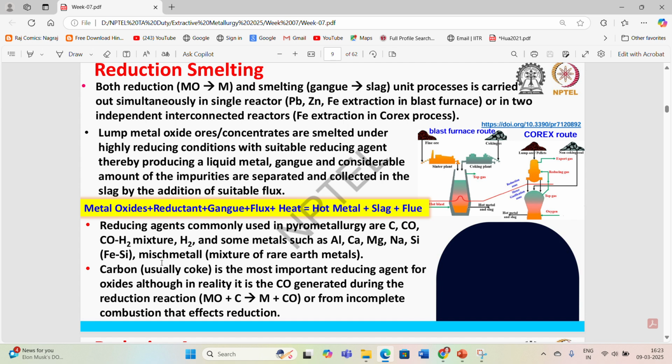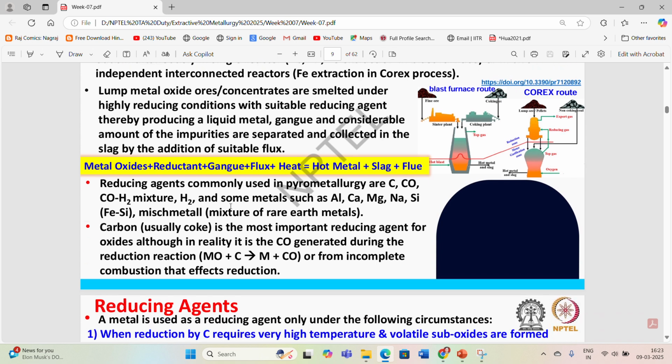The reducing agents commonly used in pyrometallurgy are carbon monoxide, then a carbon monoxide and H2 mixture, which is generally known as syngas, and then hydrogen. We can go for pure hydrogen, and some metals can also be used as a reducing agent. When we go with carbon as a reducing agent, the process is commonly known as the carbothermal reduction process.